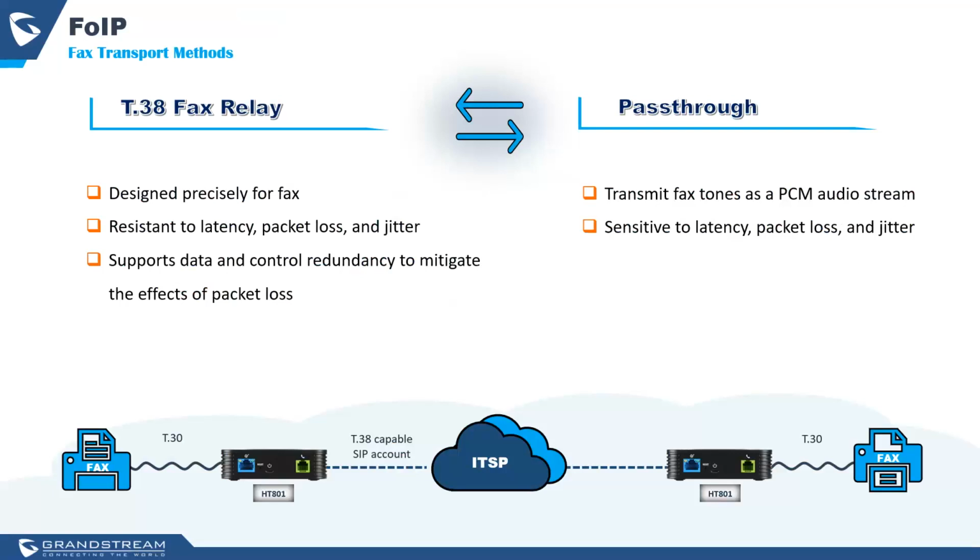But when connecting the HT800 series directly to the fax server or the ITSP that provides fax over IP, that should not be an issue because the HT800 series is designed with a fast transcoding algorithm. And of course, before you enable T38 for fax, you need to make sure your provider supports T38 because not all of them support T38.